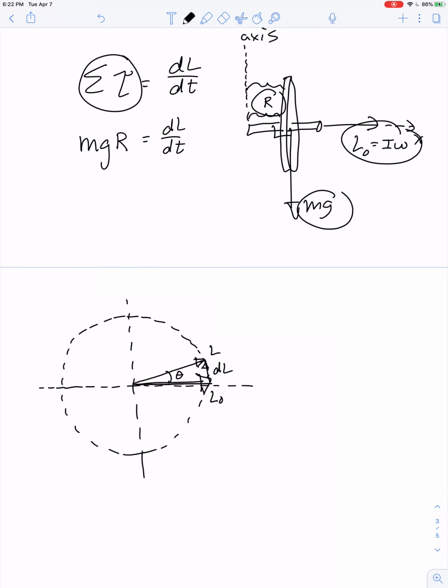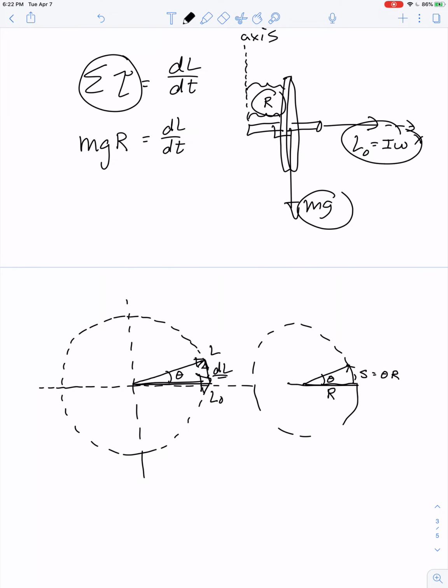Well, okay. Just as with motion around a circle, if this is the unit circle right here, if we say an object has traveled a displacement s in comparison to a radius r, we say s is equal to theta r.